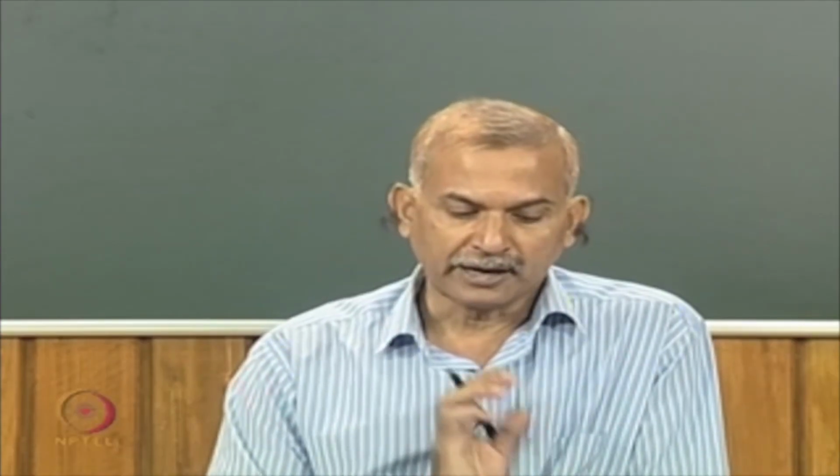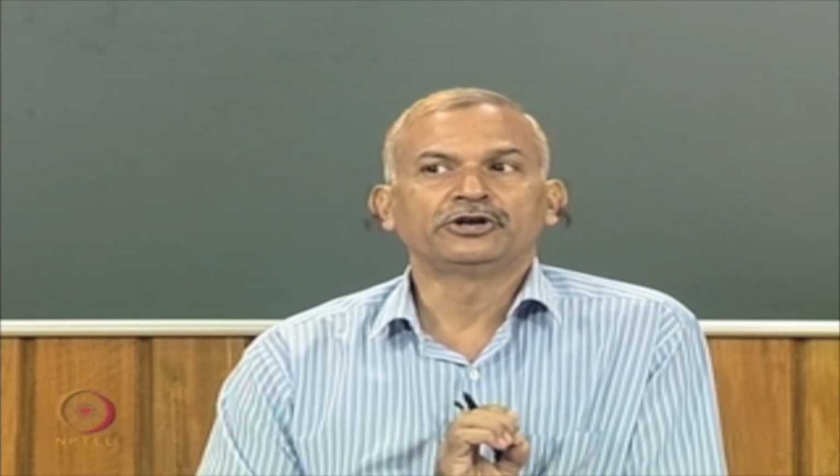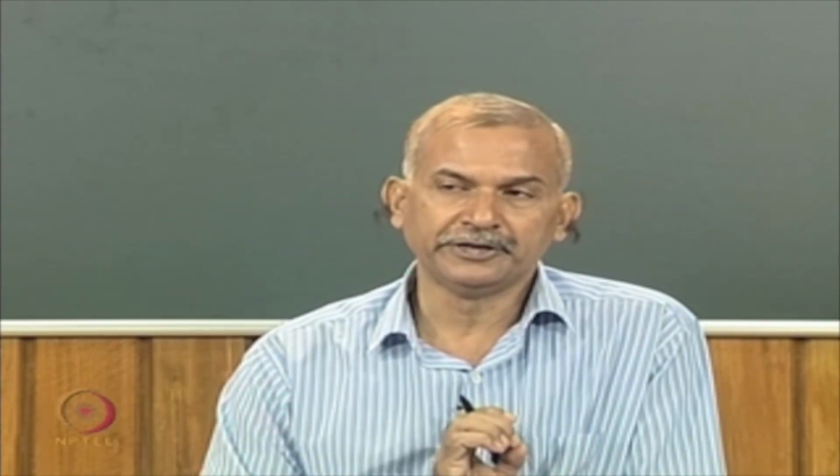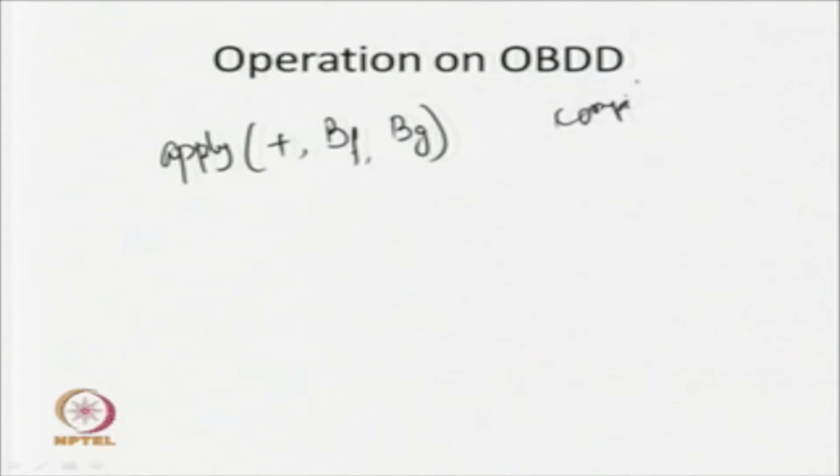Okay. So, after the apply algorithm, what can we do? We can use the reduce algorithm to get the ROBDD, reduced ordered binary decision diagram. So, basically, we use the apply algorithm with some operator, say plus BF and BG. Here they should have compatible variable ordering.